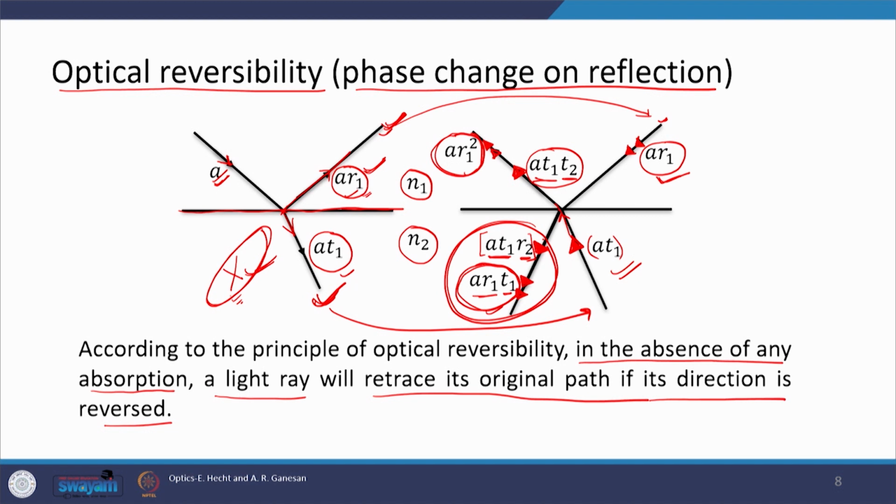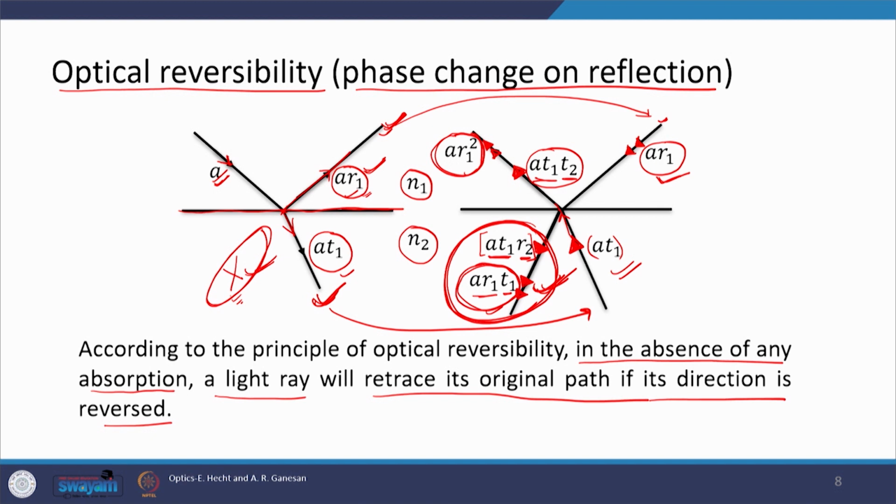But the principle of optical reversibility says that if you reverse the path of the light, it must retrace its original path. Therefore, the sum of amplitudes which we are getting in this arm here must be equal to 0.